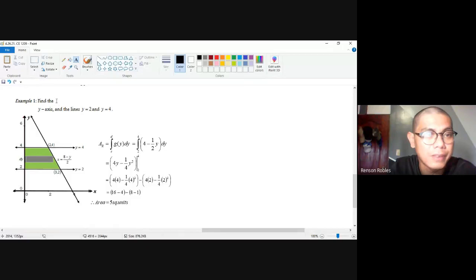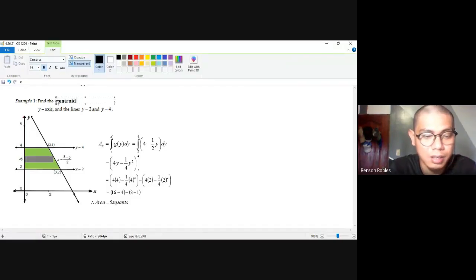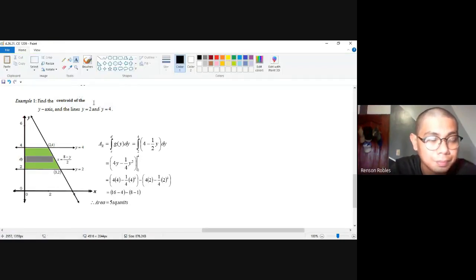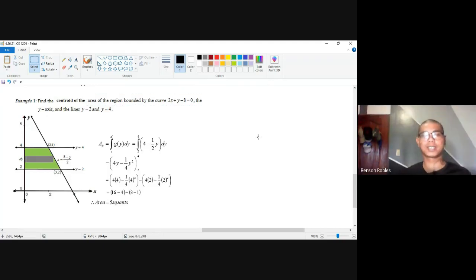Then, palitan natin. Find the centroid of the area of the region bounded by. Okay. So again, we have already discussed this particular problem, and we know that this region is bounded by this line, this line, this line, and the y-axis.